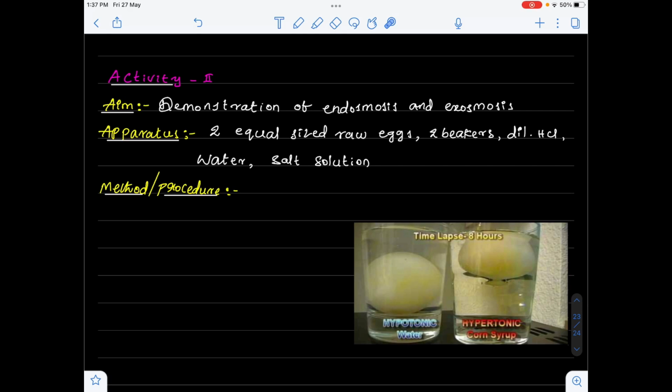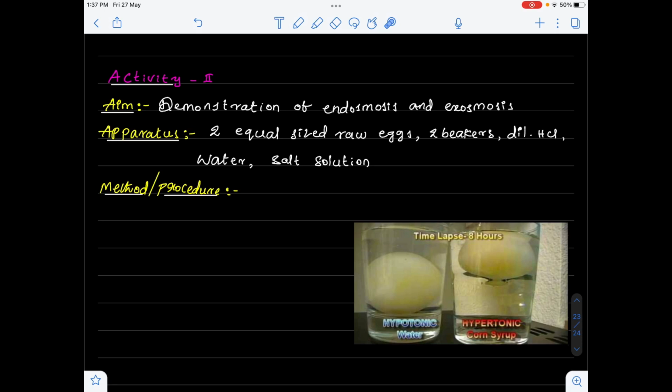So we should place the two de-shelled eggs in the two beakers. One egg should be placed in hypotonic water, another de-shelled egg should be placed in hypertonic solution, and leave it for some time.